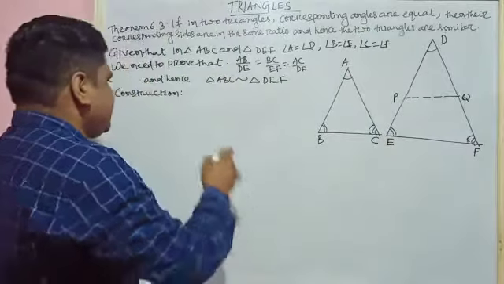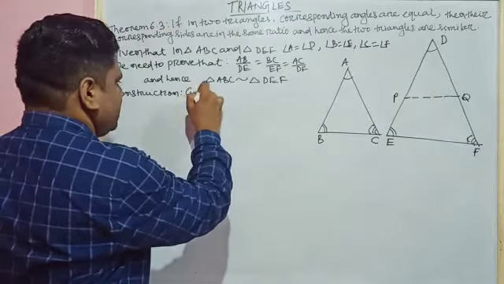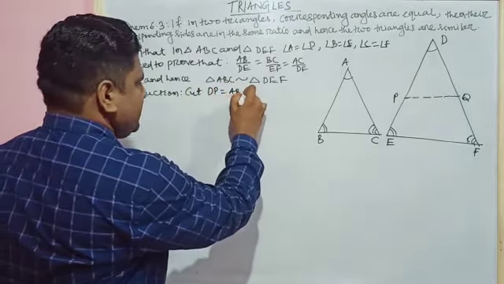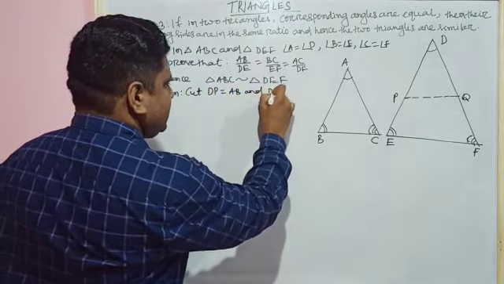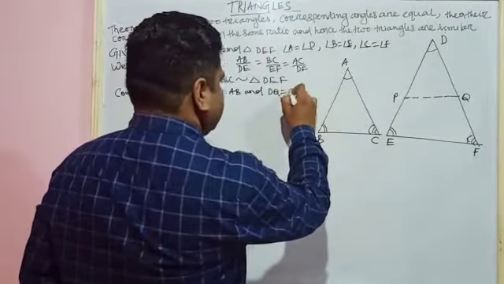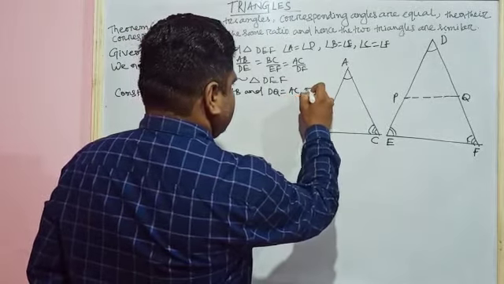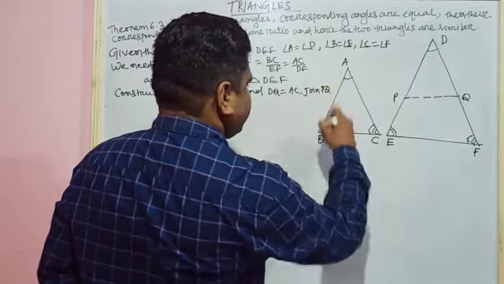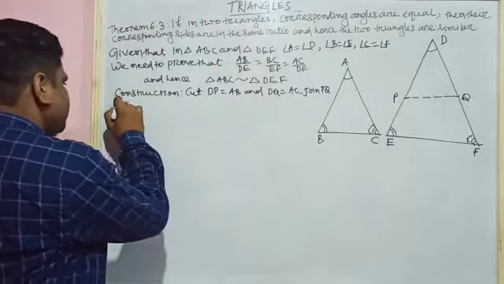Let's write this. Cut DP is equal to AB, and DQ is equal to AC, and join PQ. So prove it.